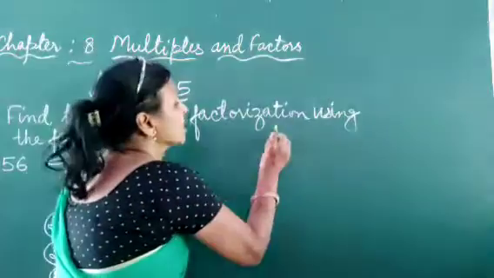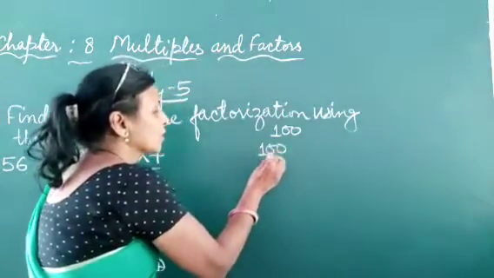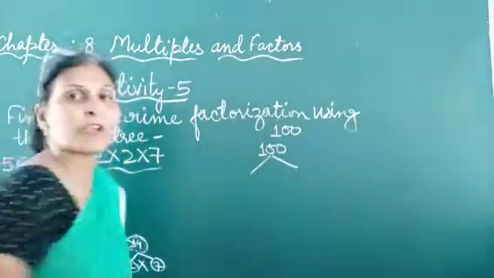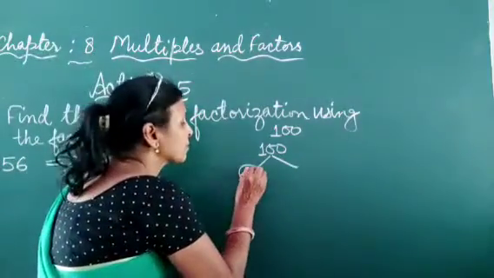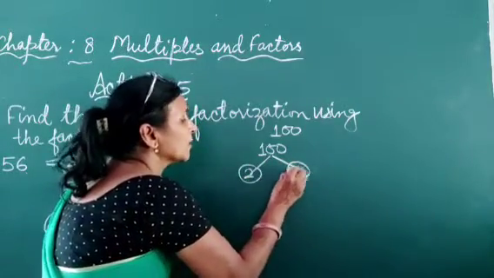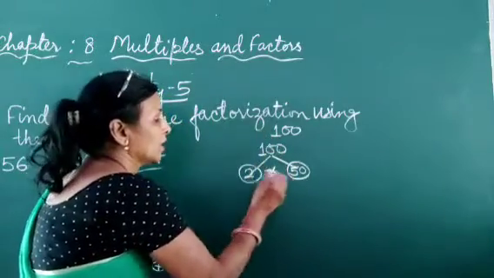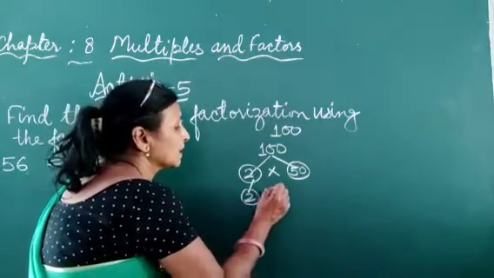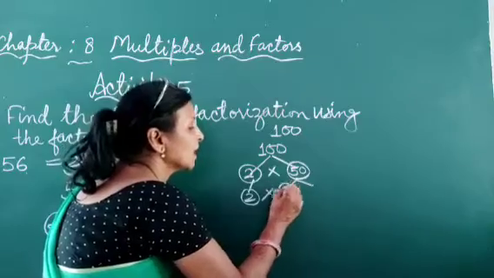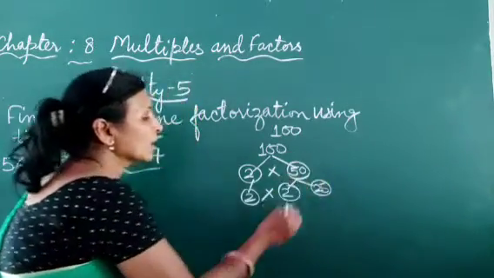The next is 100. Now we find the prime factorization of 100 using the factor tree method. Now we split, here is 2 and 100 is divided by 2. Then the quotient comes 50, and we multiply these two, then 100 comes. Then 2 we write as it is, then we split 50. Here we write 2, then 2 twos are 4, 2 fives are 10.